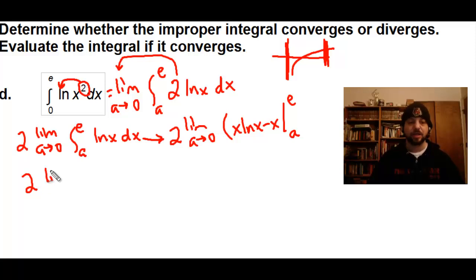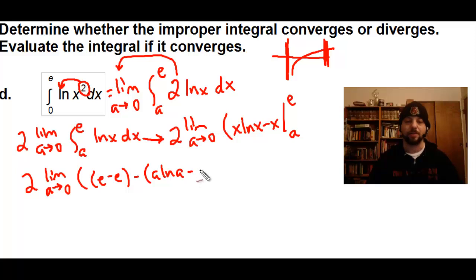Doing this, I'm going to keep everything the same, except I'm just going to plug in some values now. When I plug e into this, I'll have e natural log of e, which is simply just going to be e, and then minus, I'm going to plug e in here too. So e minus e, that's going to 0 out clearly. And then I'll subtract, when I stick a in here, I'll have a natural log of a minus a.